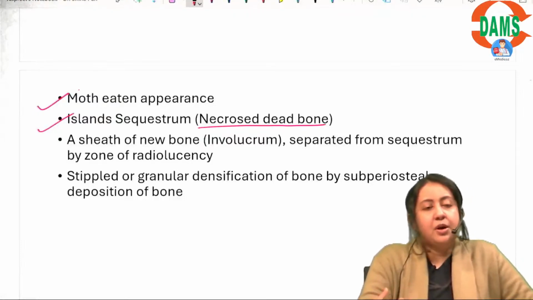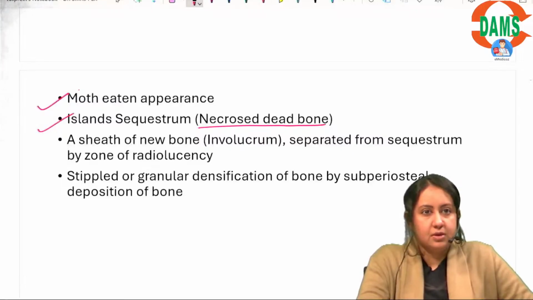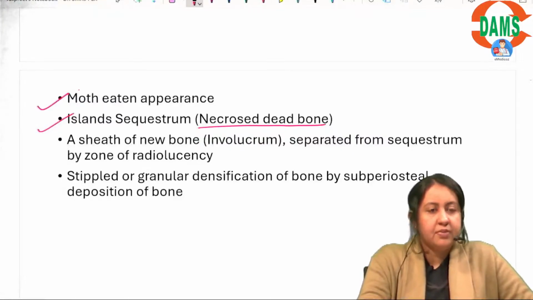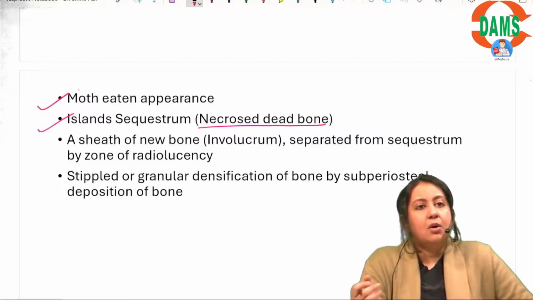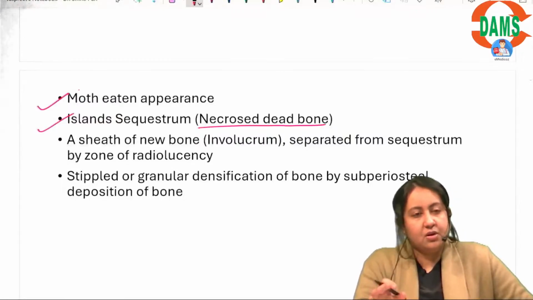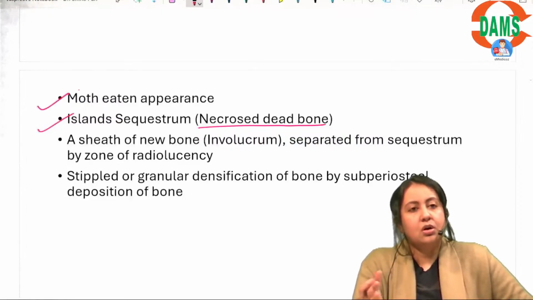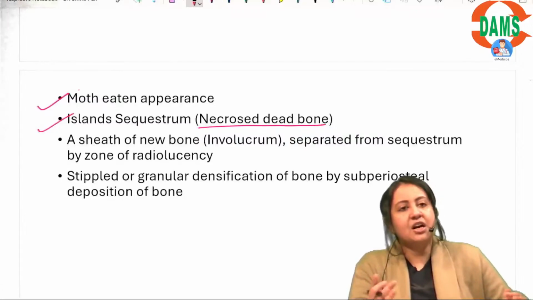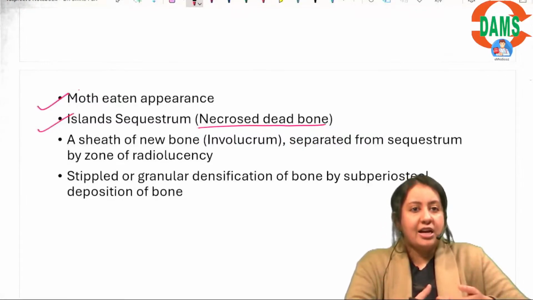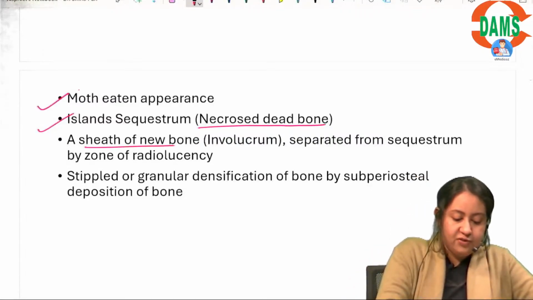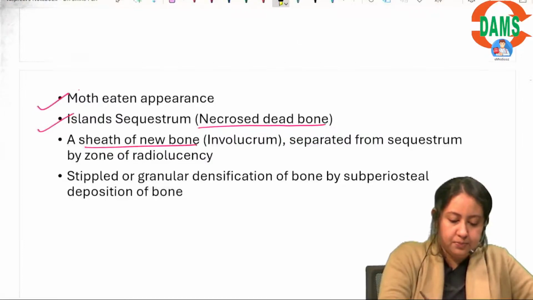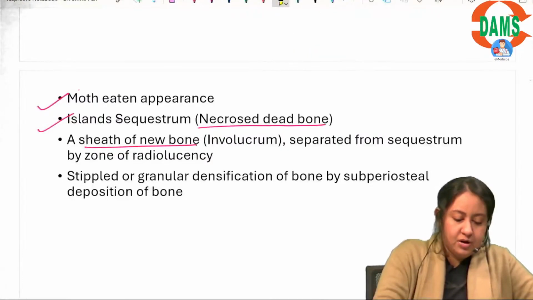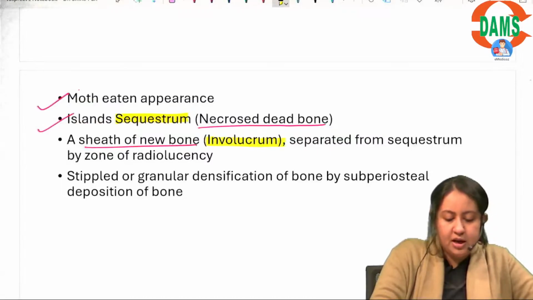There would be appearance of a sclerotic bone, and whenever there is sequestrum, you will also realize that the body's mechanism would be to isolate the sequestrum by new bone formation. So there would be a sheath of new bone, that is your involucrum. So two important features on radiographs, sequestrum and involucrum.